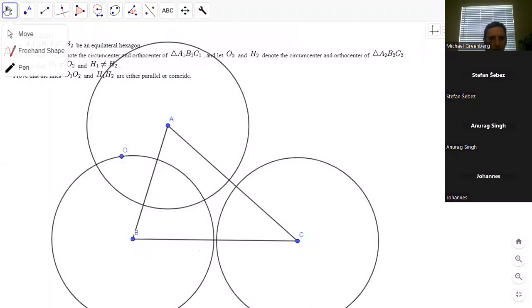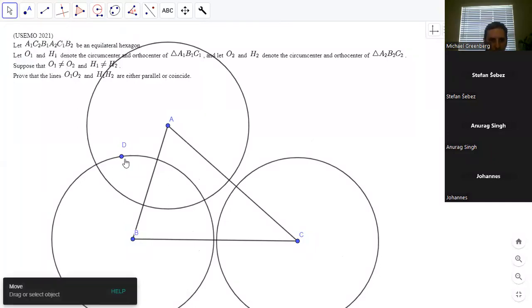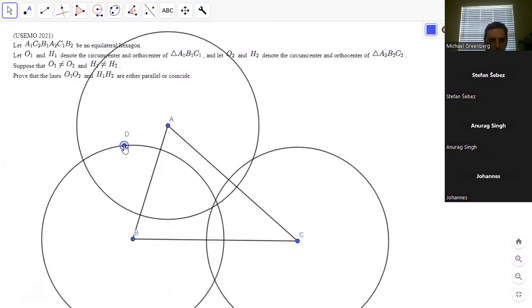Okay, we just need these to intersect. So make this bigger, like that.